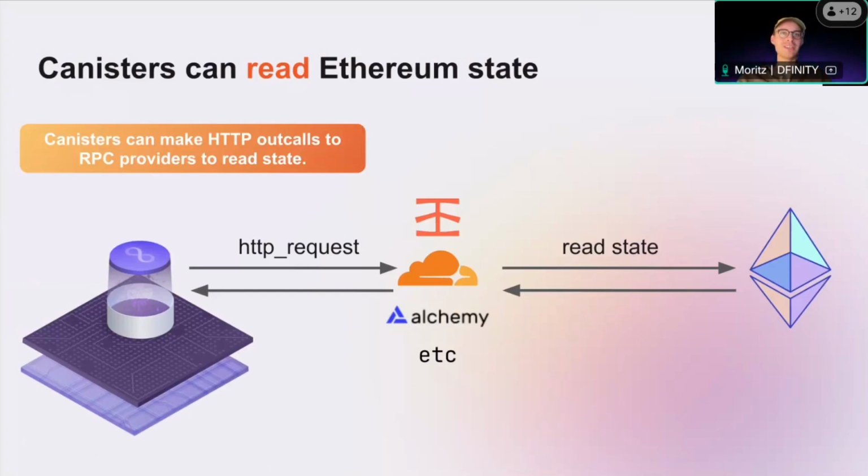Through those HTTP outcalls you can read state from the Ethereum network. And if you want to write state, you basically assemble the transaction in your canister that would, for example, make a smart contract call, then you sign that using ECDSA, and then you submit the signed transaction to an EVM RPC provider, and that way you can write to EVM chains.